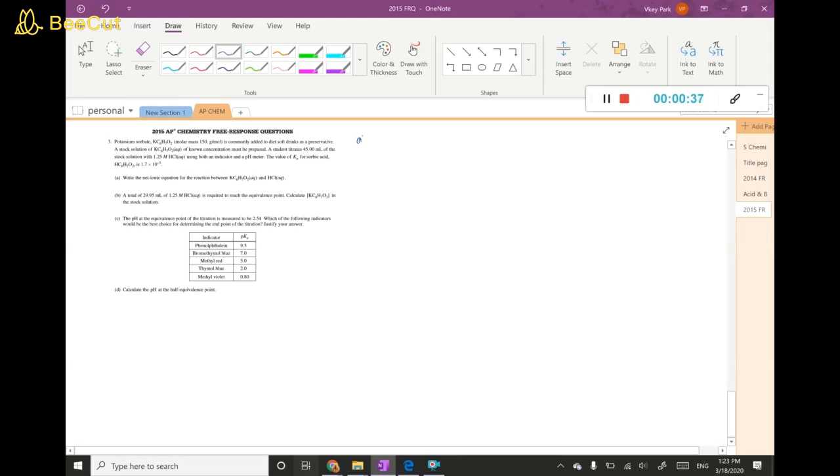So the net ionic equation is going to be, obviously, what are we creating? So it's this and this. These are going to be the reactants, right? First of all, let's look at who is the spectator ion. Who are the spectator ions?